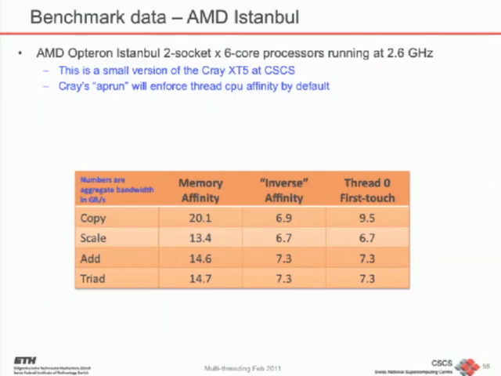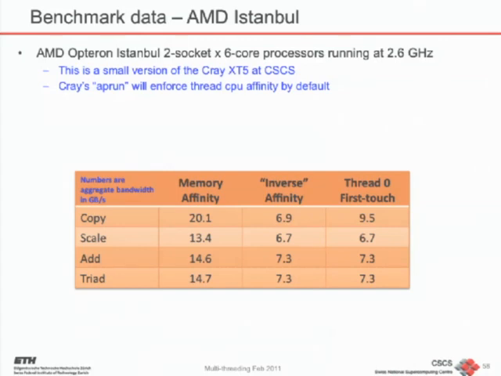What we actually see here then is we get a variety of different memory bandwidths depending on the stream benchmark we're running. The inverse affinity, where everyone's trying to compete for that 8 gigabytes per second HyperTransport, causes a dramatic slowdown. This, remember, was 25.6 gigabytes per second in theory that we could get at the top.